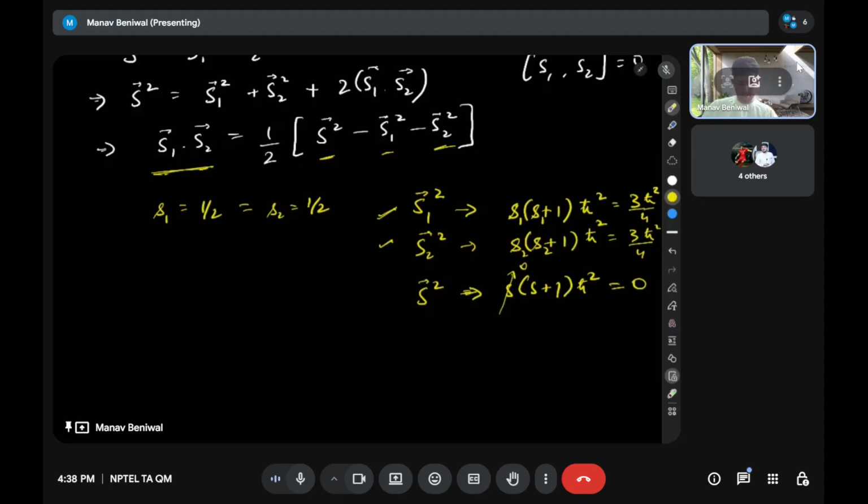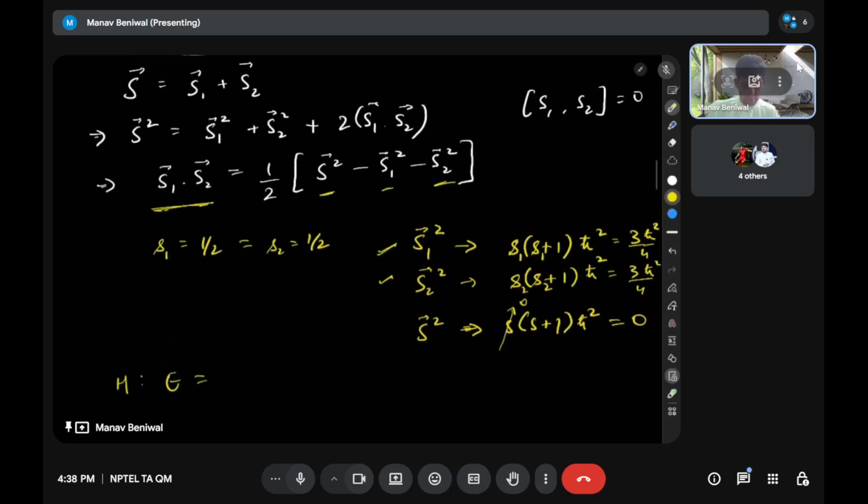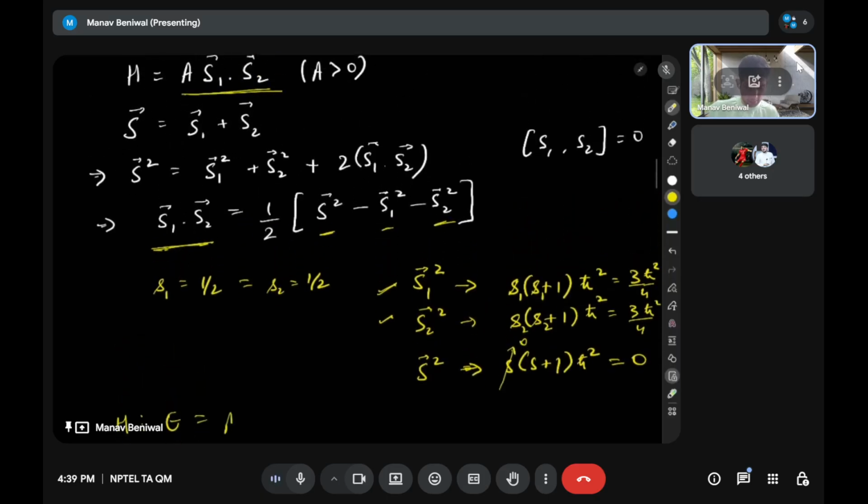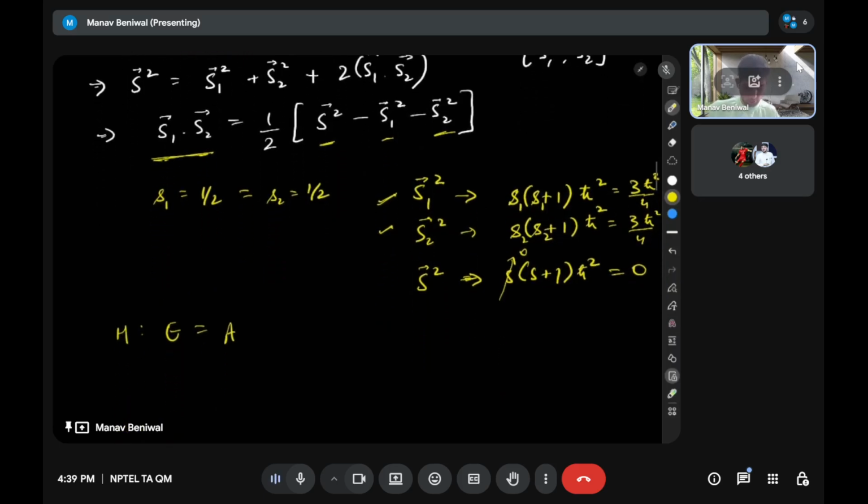Now we can just calculate the eigenvalues of this Hamiltonian H. The eigenvalue of H will be E, and it is simply A times this thing, multiplied with half. The first term is 0, and the second and third terms are both the same, 3 by 4 h cut squared.